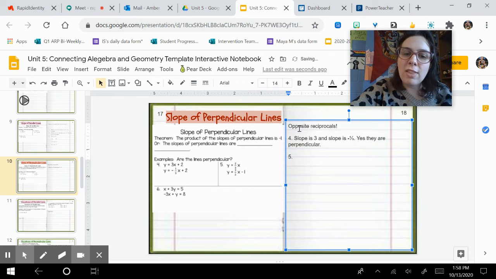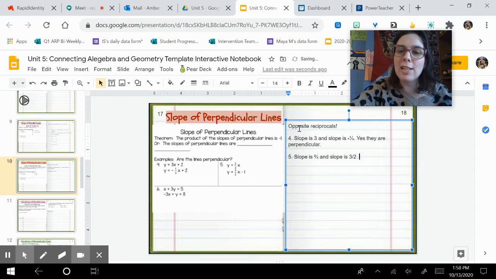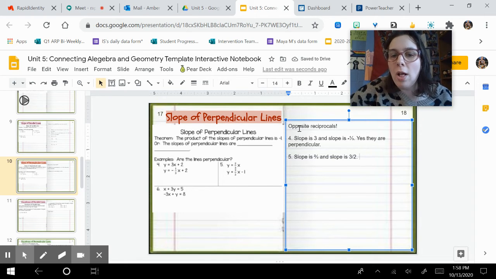Okay, now let's look at the other one. y equals 2/3 x, so the slope is 2/3. And then we have y equals 3/2 x minus 1, so the slope is 3/2. Now let's see if they're perpendicular. Well, they are reciprocal, 2/3 versus 3/2. That is the flip of it, but they're both positive.